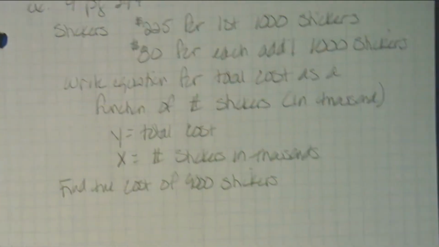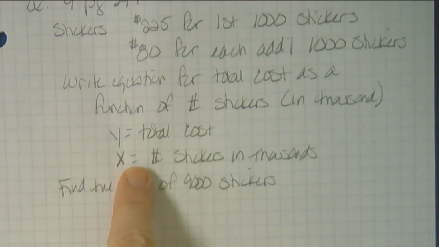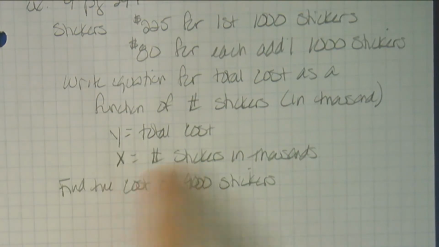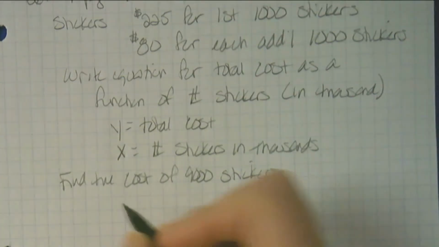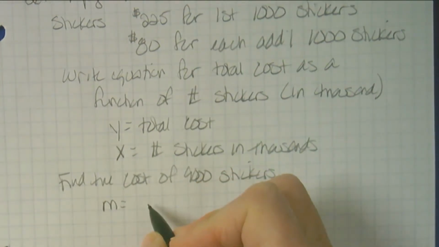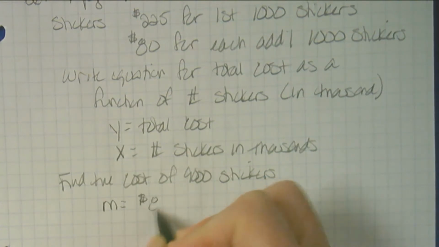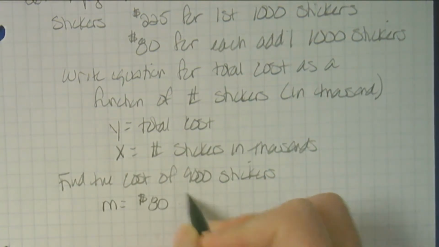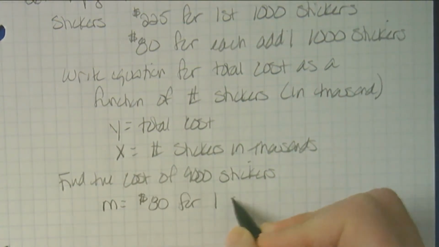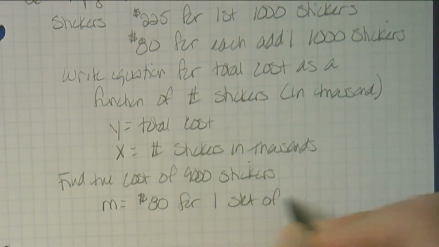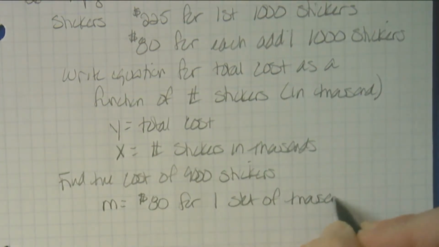So I hope somewhere you defined your x and your y. Y is your total cost, x is your number of stickers in thousands. My slope is going to be the $80 for one set of 1,000 stickers.